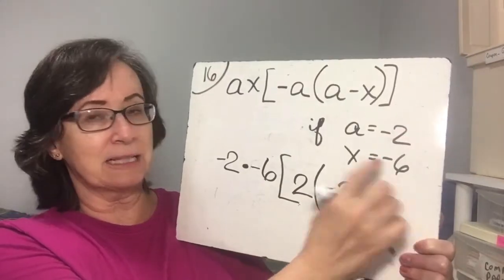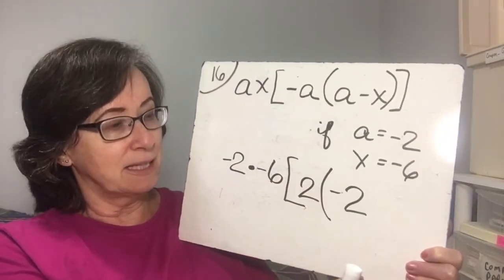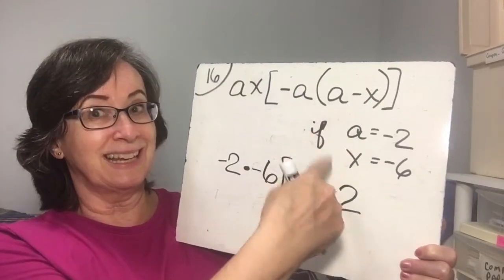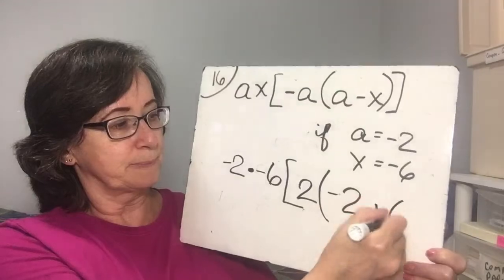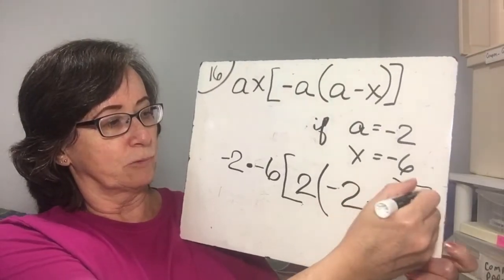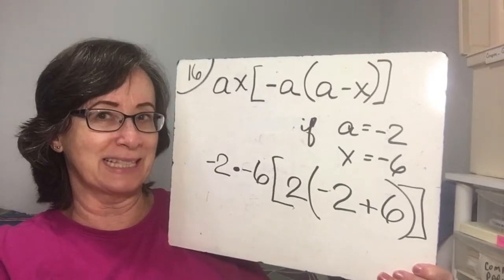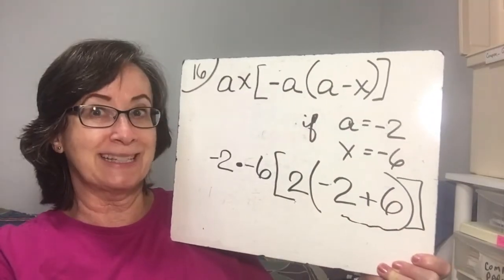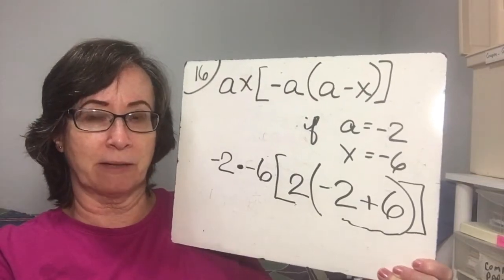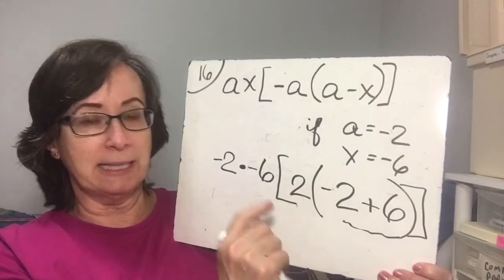minus the x, which is negative 4, and minus a negative 6 is positive 6. Okay, so I didn't use parentheses, but I did my math as I was going along. So now I'm going to add these together first because they are my innermost symbol of inclusion. So negative 2 plus 6 is positive 4.